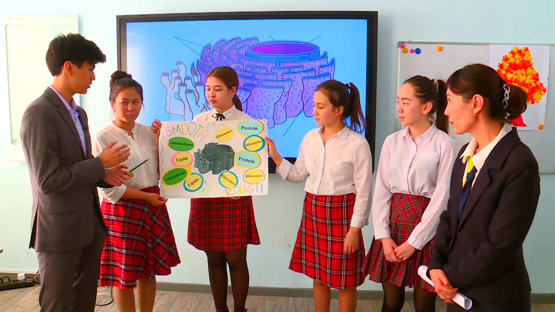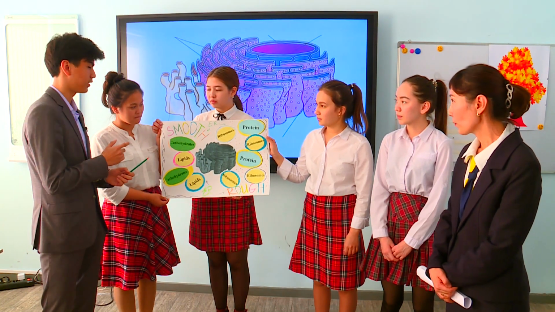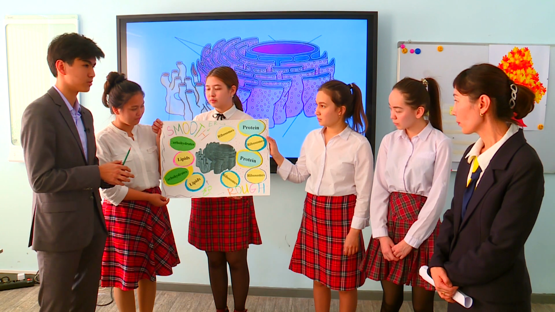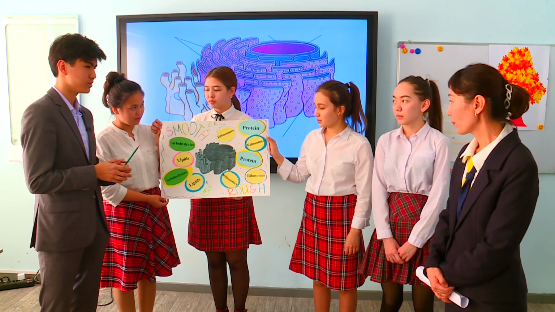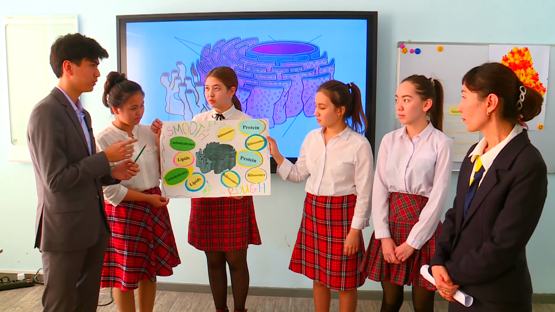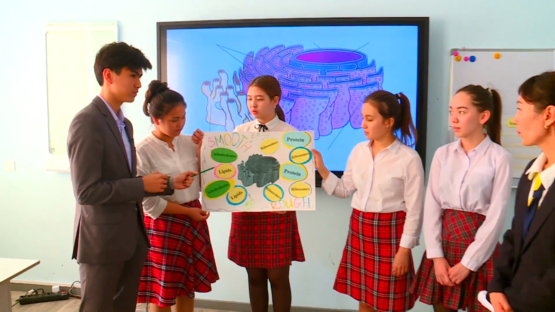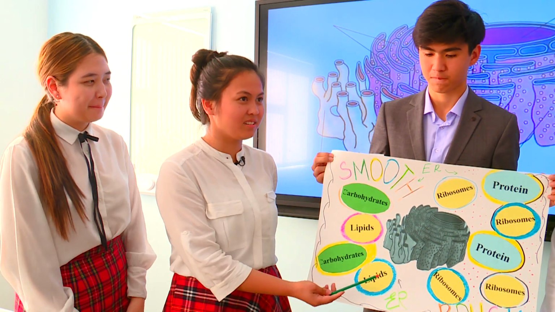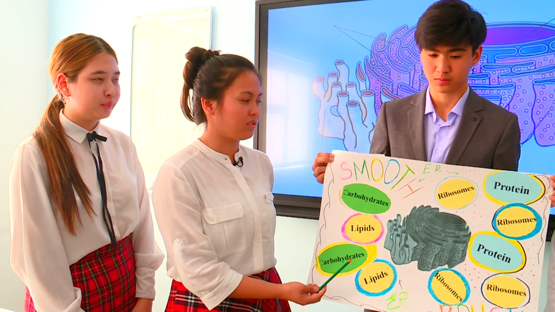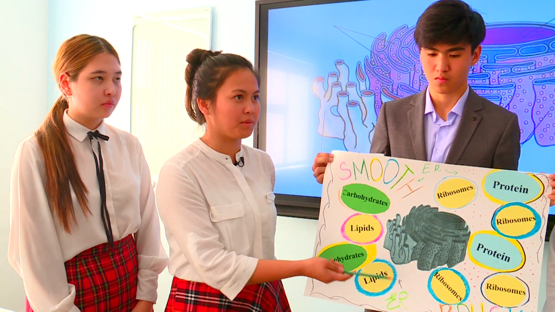Endoplasmic reticulum is a single membrane organoid. It is a system of tanks and channels connected to each other and limited by a single membrane. The membrane is connected with the nuclear membrane.